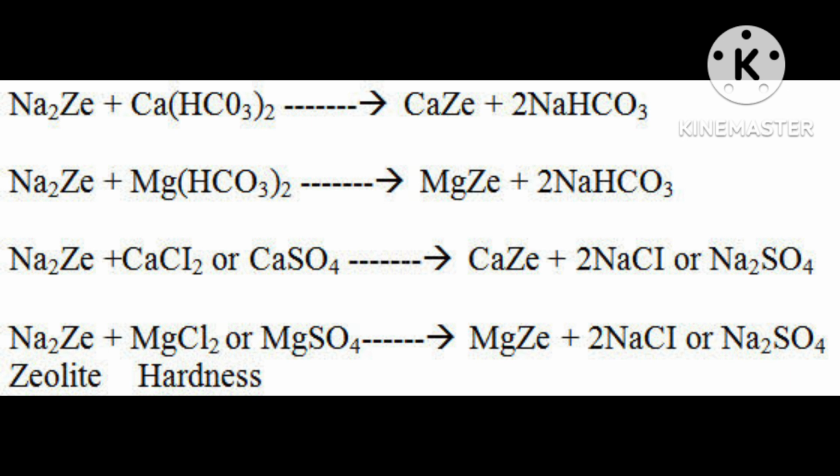The hardness of water is of two types. First, temporary hardness, and second, permanent hardness. Now I will give an idea about what temporary hardness and permanent hardness are. Temporary hardness, first I will tell you.